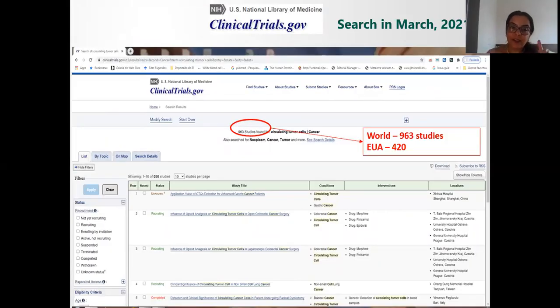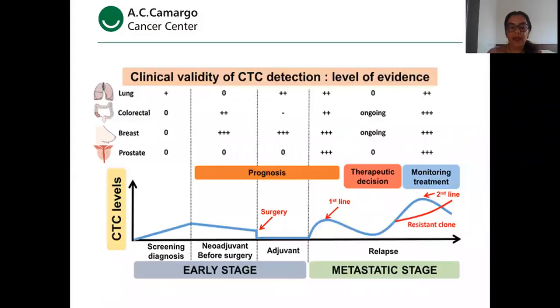For solid tumors, there are many clinical trials registered, and in the world, there are 963 studies. In the United States, 420 studies. I made this search in March of this year. And in Brazil, we have 11 studies.